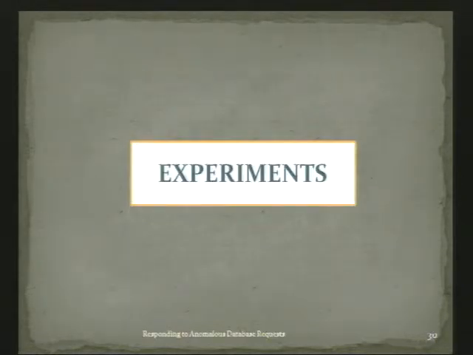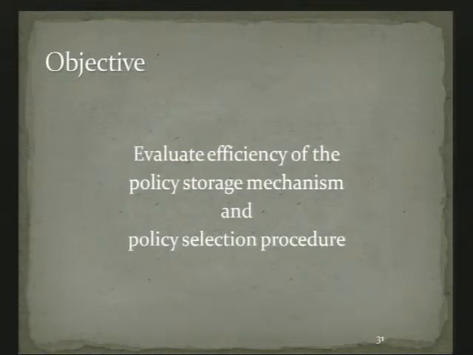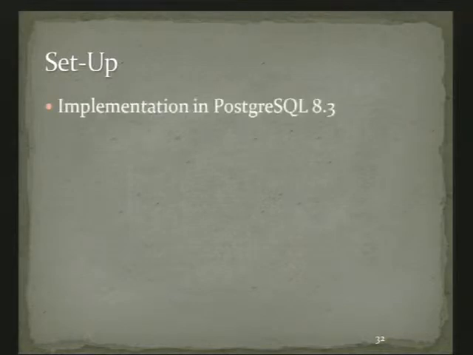So now I'm going to go over some of the experimental results. The objective of the experimental evaluation that we performed was to evaluate the efficiency of the policy storage mechanism, which I did not explain, and the policy selection algorithm, which again I did not present. But I think a couple of slides will just give you the setup. So implementation is PostgreSQL 8.3.